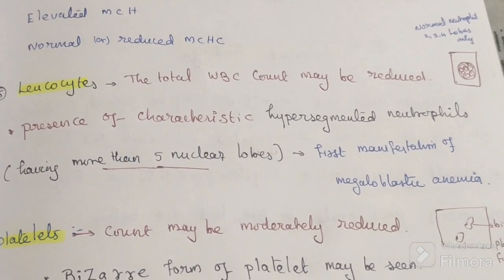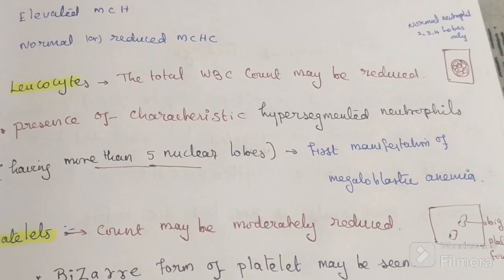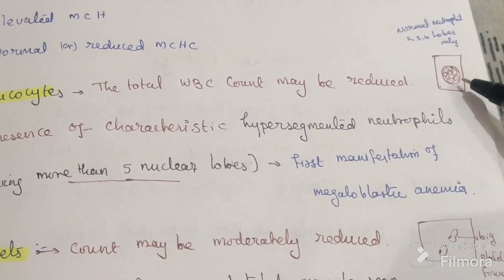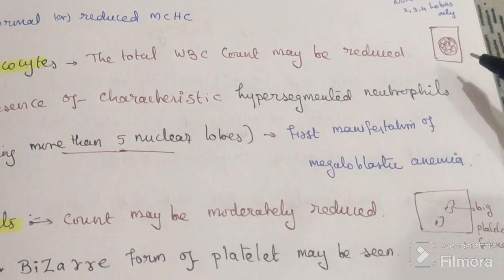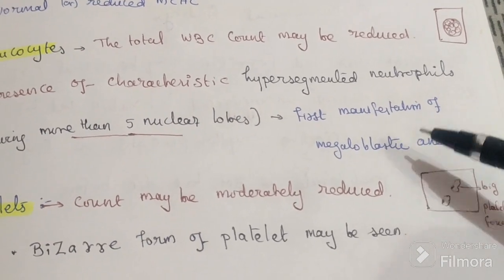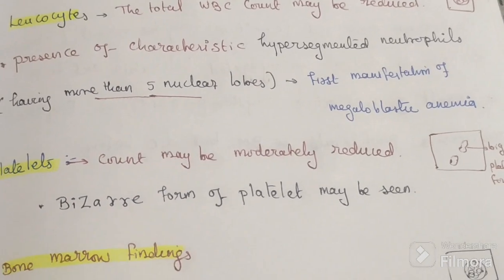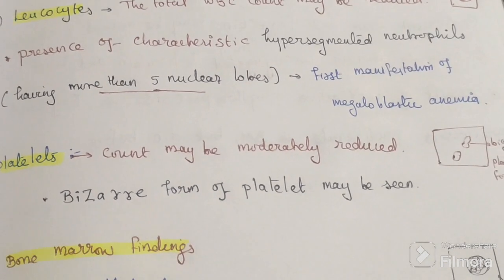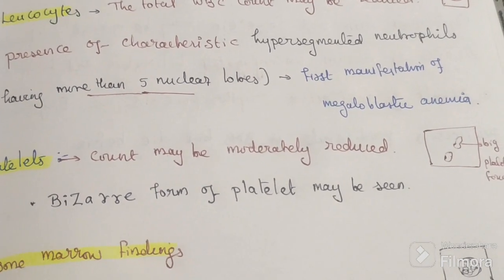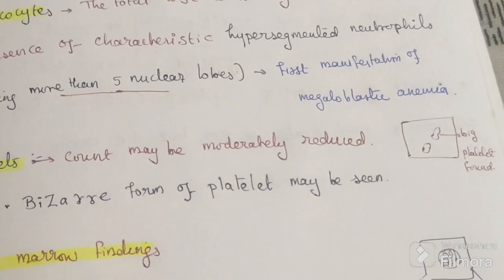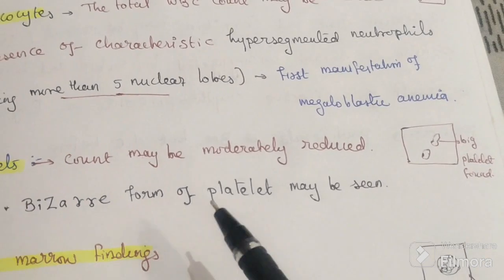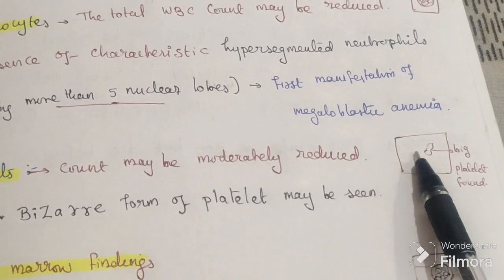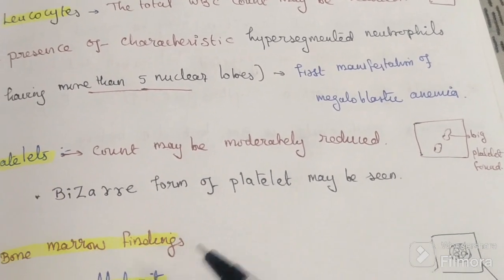So more than 5 nuclear lobes are present in the WBC. Then platelets may be moderately reduced. Bizarre forms of platelets may be seen, meaning large platelets are found.